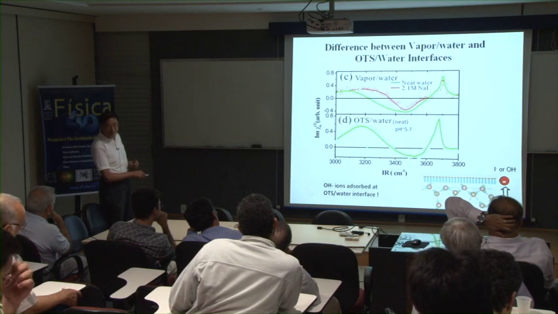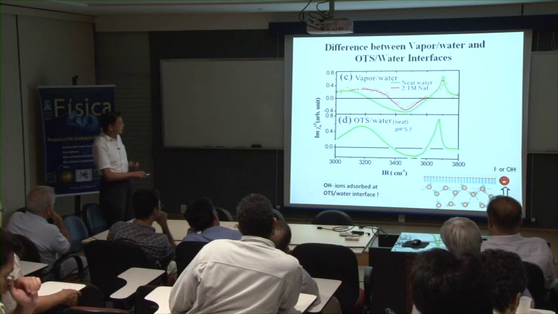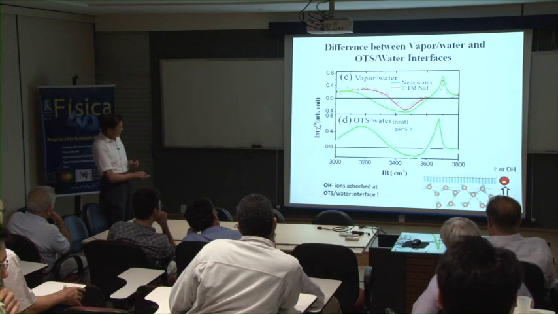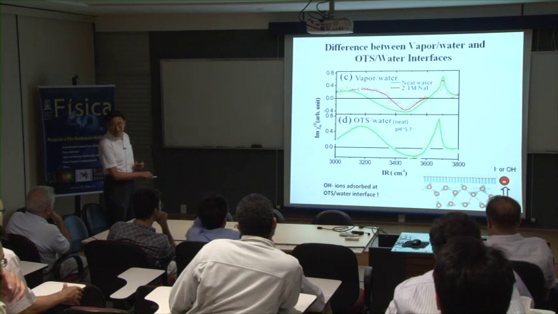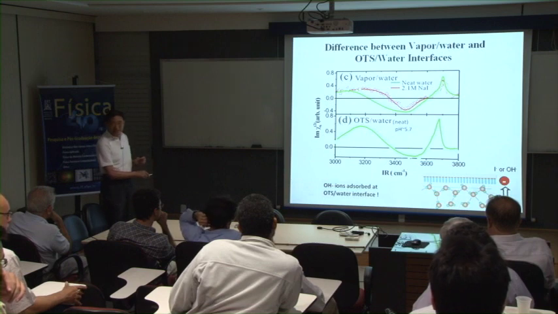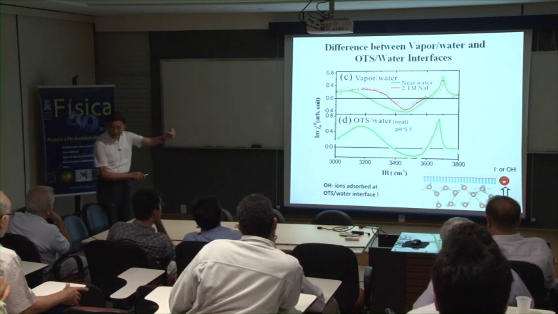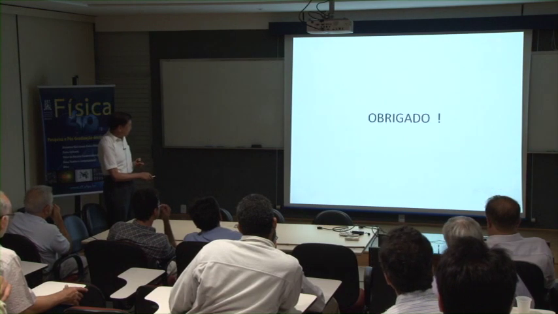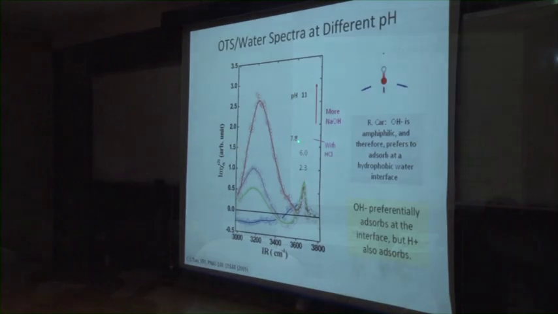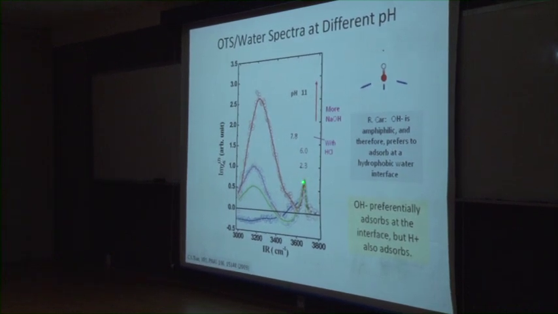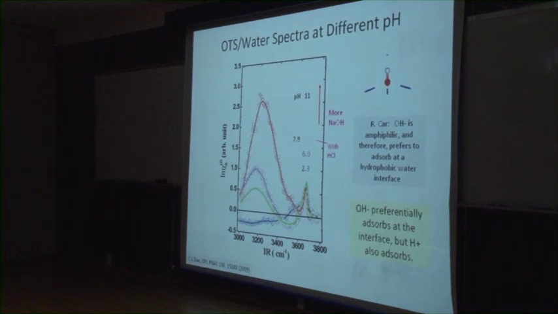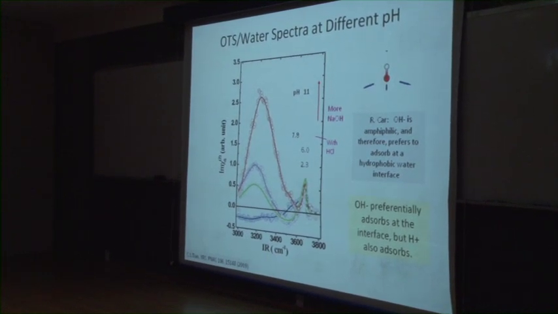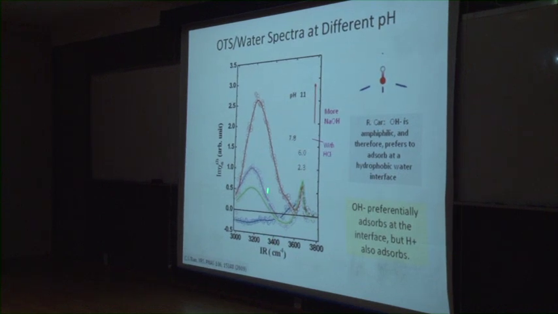Now with OTS, the hydrocarbon chains, in pure water, it's even larger. So it indicates that there are negative charges adsorbed at the interface with the hydrocarbon chain. To prove that, you see that if I increase the pH so that I have more and more OH minus in the solution, then the OH minus gets adsorbed onto the interface more and more.